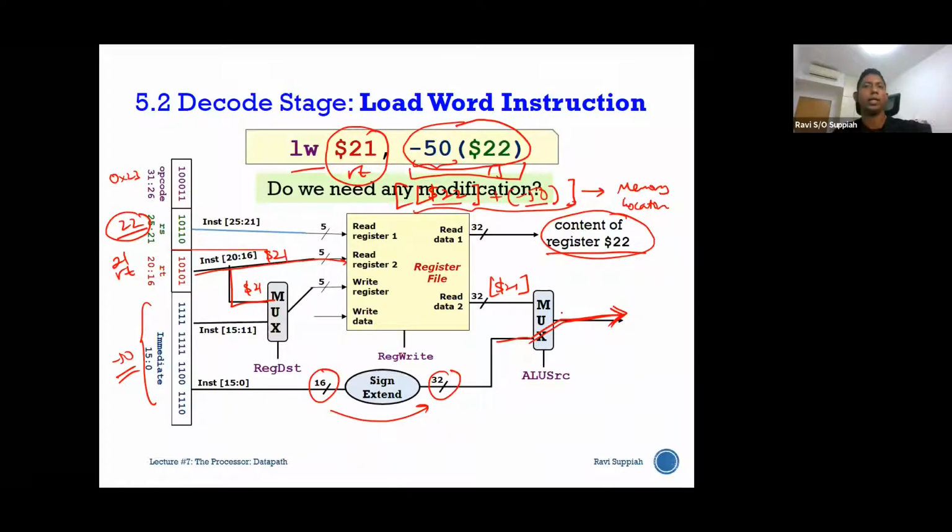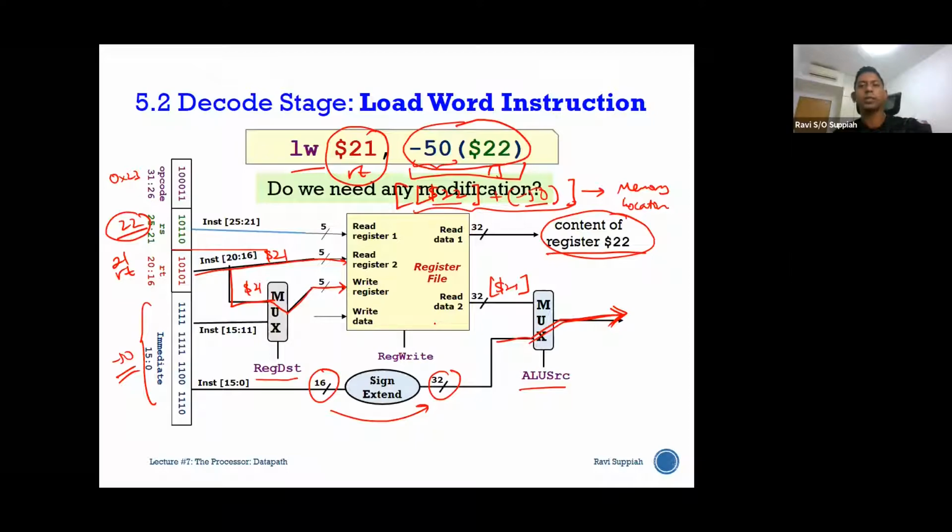Since I specify read register 2 as register 21, the content of register 21 also comes here. That is again a default behavior, we can't change that. But since we have a multiplexer here, we can decide which data we want. In this case, the data coming out of the instruction field is what we want, so that part is settled. For the write register portion, we have this multiplexer, and we will select it so that register 21 is specified as the write register.